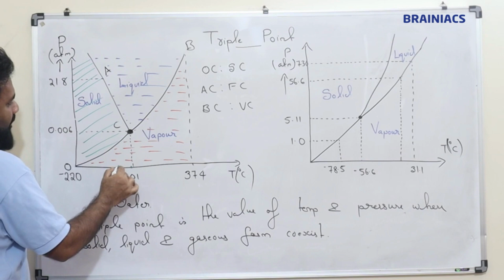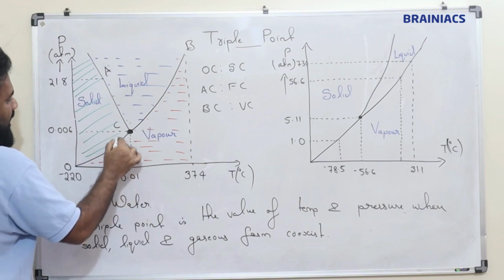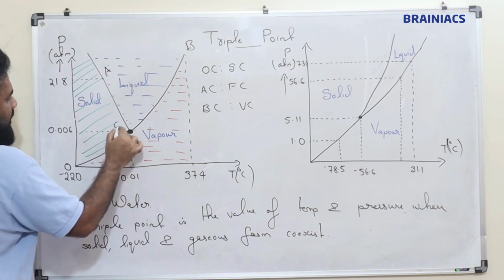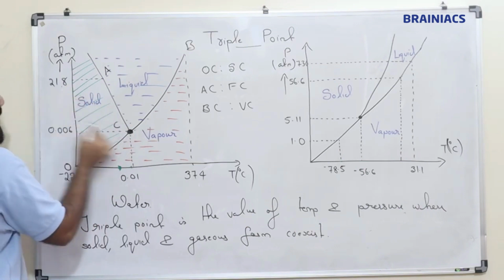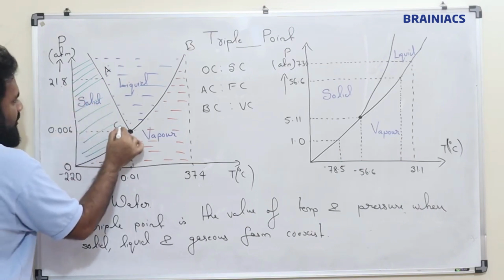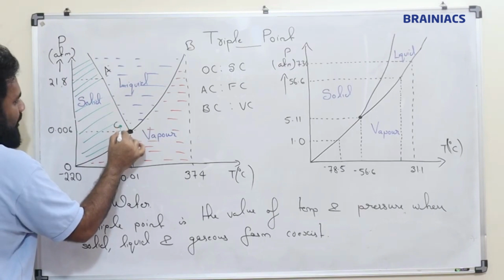And if we take 1 atmospheric pressure, with this being 218, we get somewhere here.